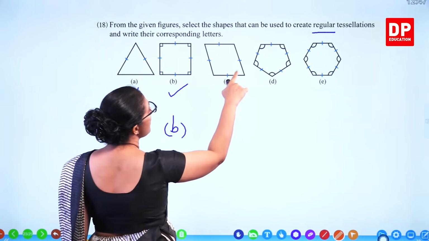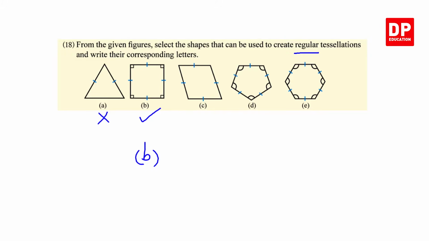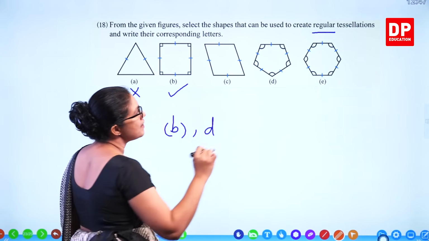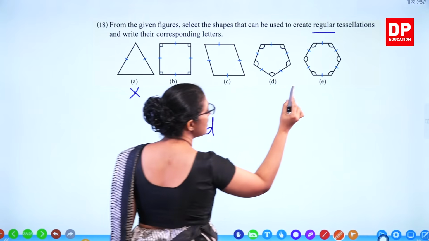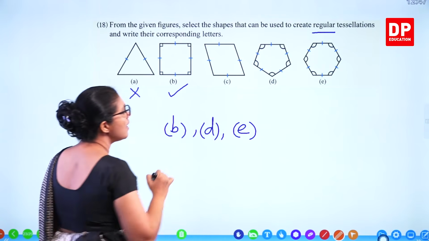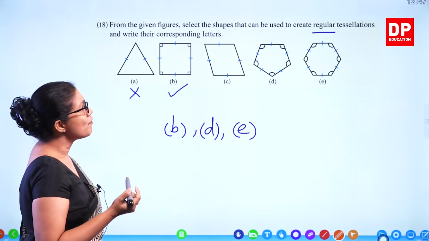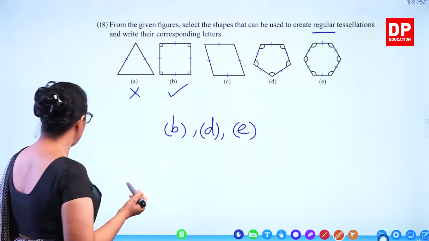This is a rhombus. Angles are not equal. This is a pentagon. All angles are equal. That's a regular pentagon. And this is a hexagon with all angles and sides equal. So those can be taken for regular tessellations.